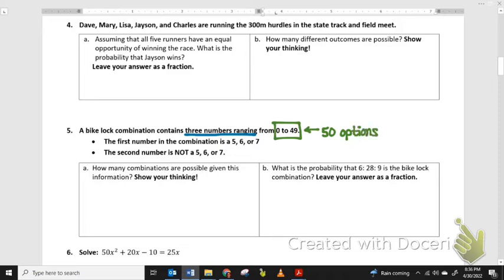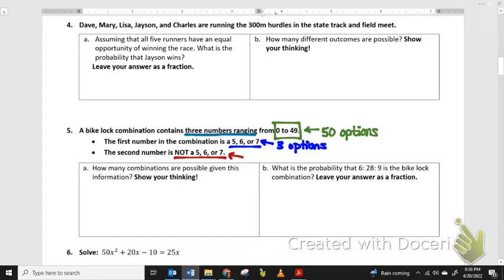We've been given a couple hints about this particular bike lock combination. The first number in the combination is a 5, a 6, or a 7. We're not sure which one, but it's one of those 3. So that is 3 options right there. And then it says that the second number is not a 5, a 6, or a 7.